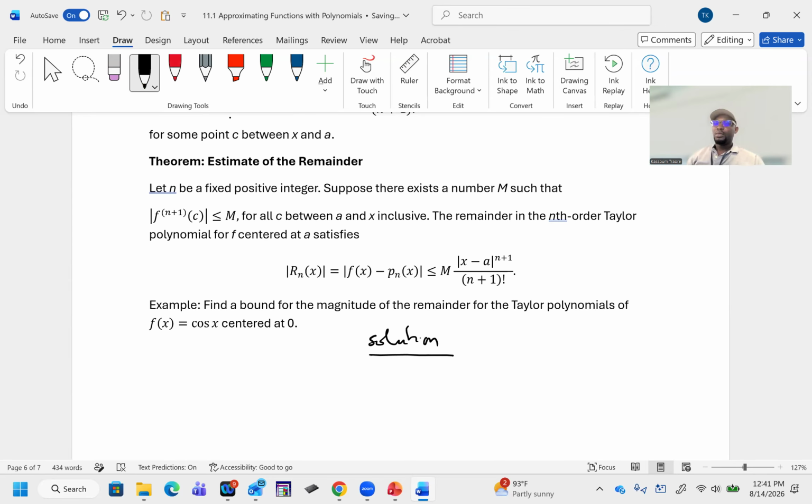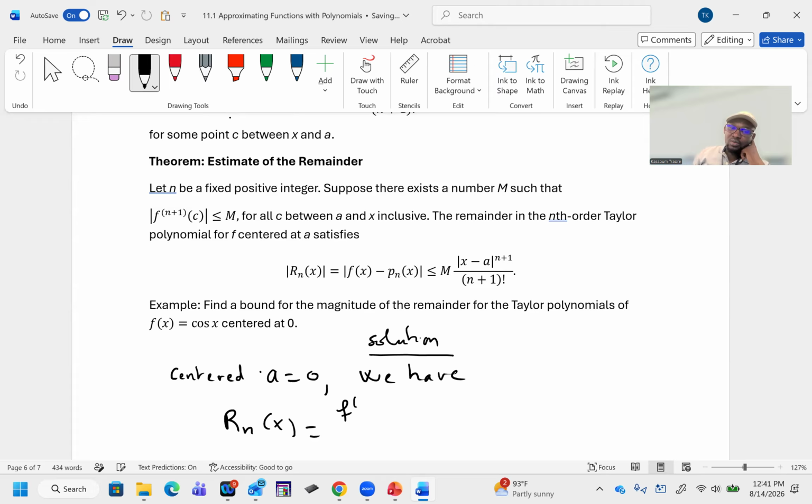You can see according to the remainder theorem, since the center a is equal to 0, we have R sub n of x will just be the n plus 1 derivative of f of c divided by n plus 1 factorial times x to the power of n plus 1 because a is 0, they said the center at 0.